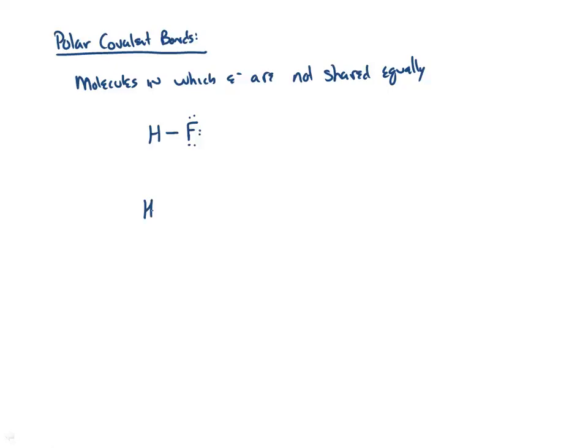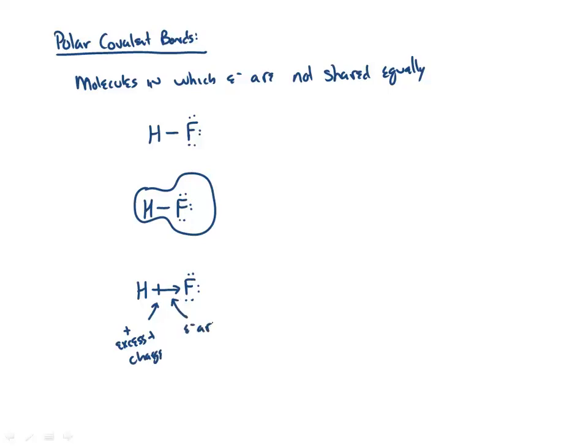We can draw HF like this and represent a little bit of electron density and a whole lot of electron density. Some books will even show you that you can do it like this, where that little plus sign means there's a little bit of excess positive charge, and the little arrow means that electrons are pushed this way.